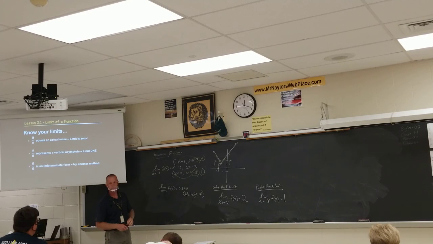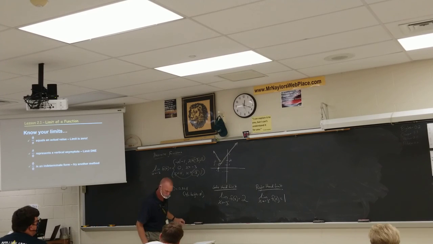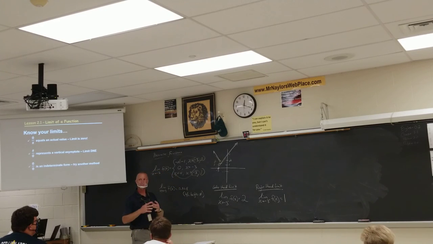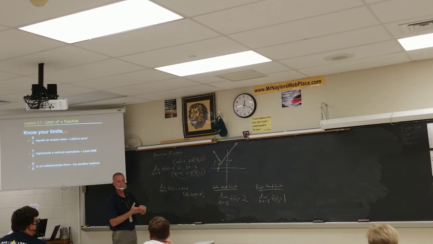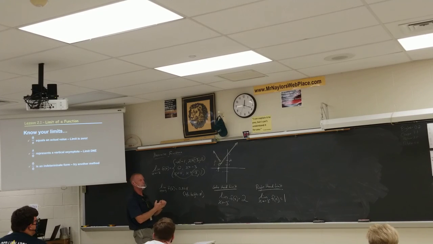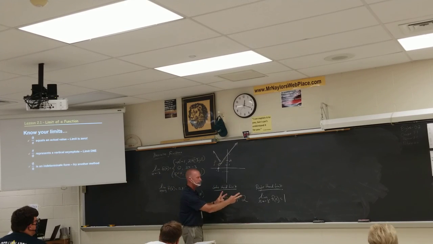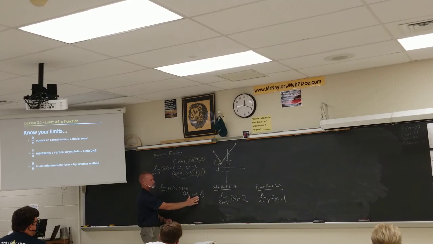Now I want you to notice something here. I think it'll be the last thing that we do today. It was kind of what we already said, just makes it a little more official. And that simply is that these two left and right hand limits are not the same. And when they're not the same, then the limit does not exist.